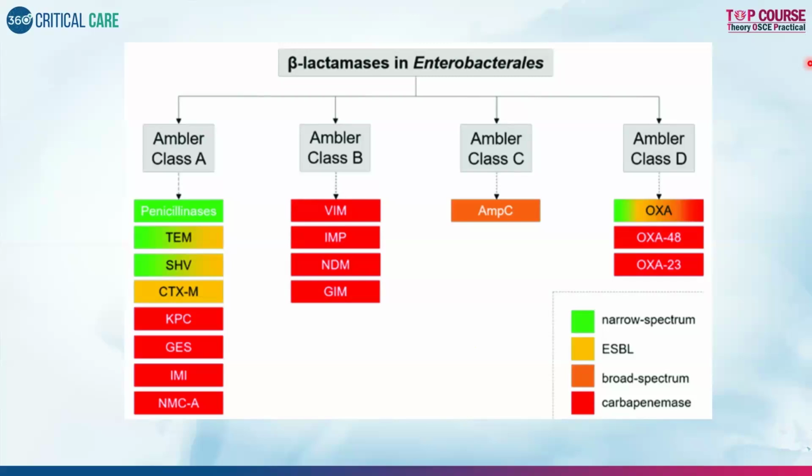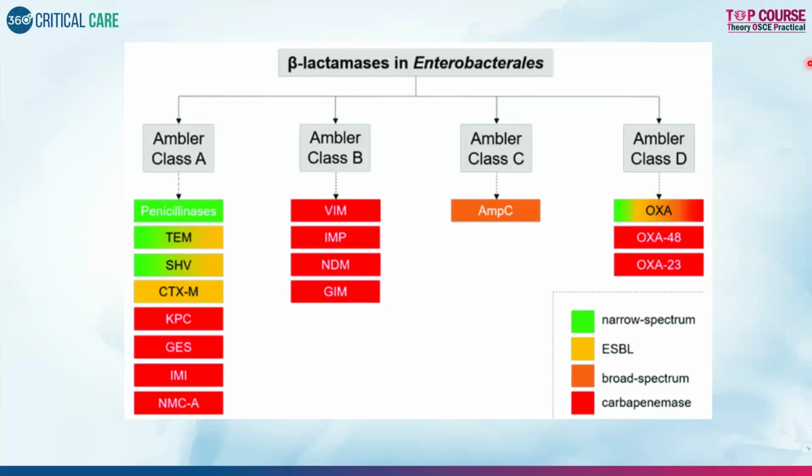Ambler class A, class B, class C and class D are again classified broadly into two categories based on their proteases. What are they? Metalloprotease and serine. Excellent. Which are the metalloproteases? Class B. Other three are serine proteases.